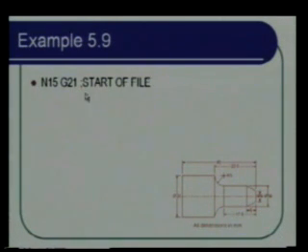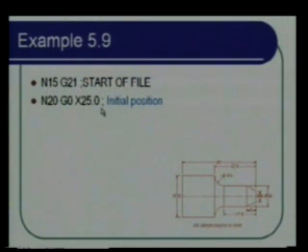Start, G21 is assuming you are using a GE Fanuc, as the metric units. Okay, go to the initial position, go to the start point, because normally we come to the X start position and then to the Z start position.